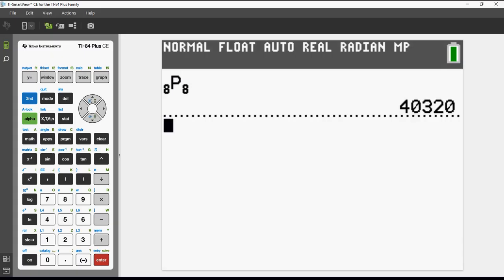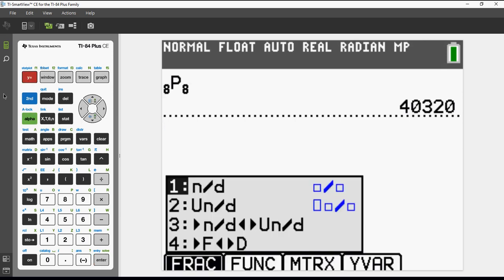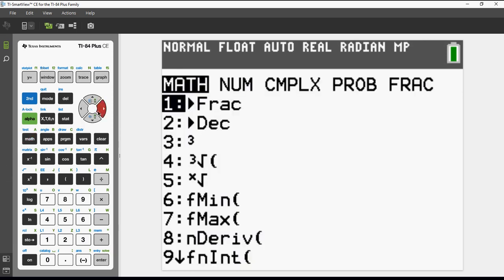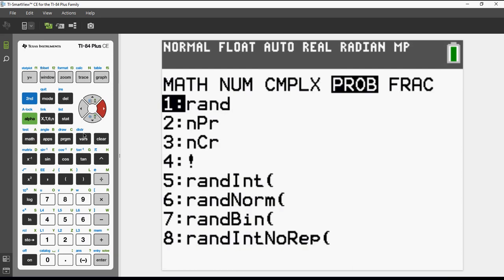So again, in our calculator, remember, we can make this look like a fraction. How do I make it look like a fraction? Alpha y equals, there's your fraction keys. We're going to use the first guy. And then what are we putting on top? 9 factorial. Where do I find my factorial again? Math all the way over to probability. Scroll down to your factorial.